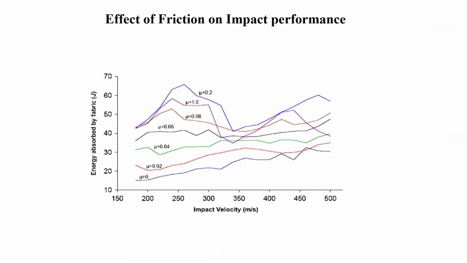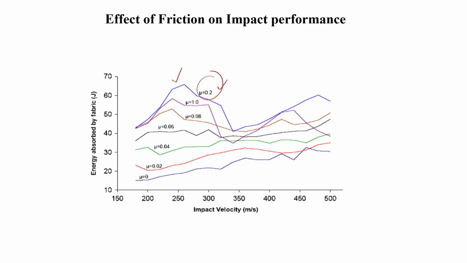And the next parameter is the number of layers. Here this is the friction, you can see with 0.2 friction we get the energy absorption, keeping all other parameters constant. At 0.2 friction level, what we found is that the energy absorption is very high.